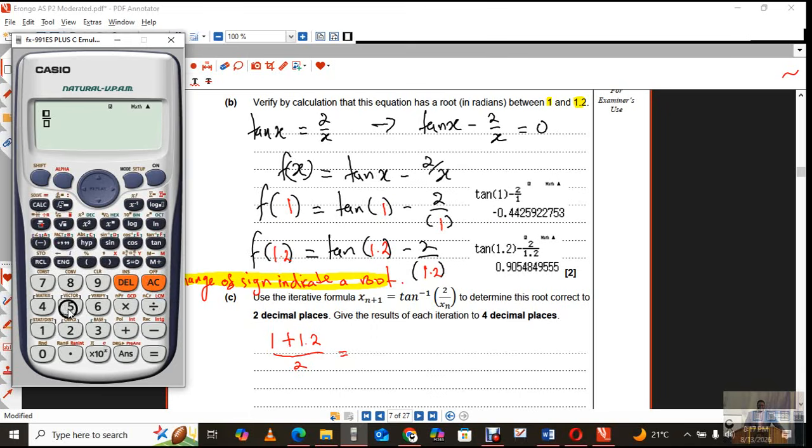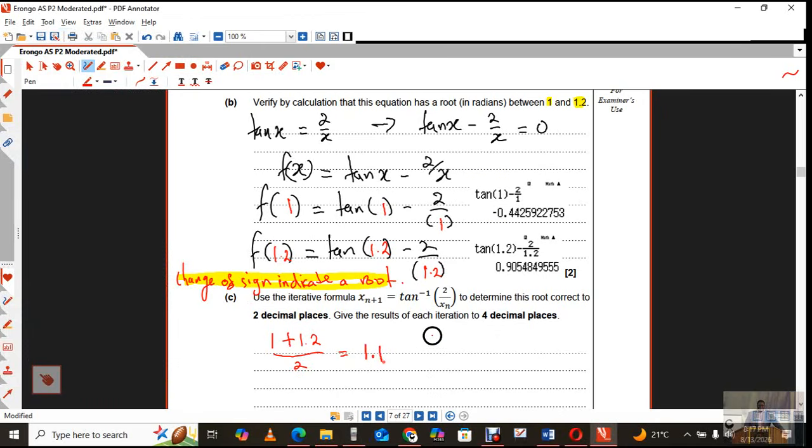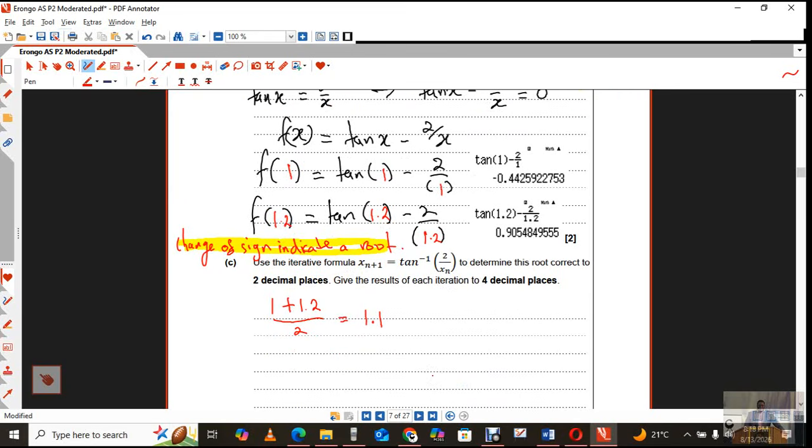So we have 1 plus 1.2, take the mean of that, so divided by 2. Well, that gives you 1.1. So more or less we think the root will be at 1.1. You can even divide it further by 2, but let's say we work with that. And that is going to be our first starting point.